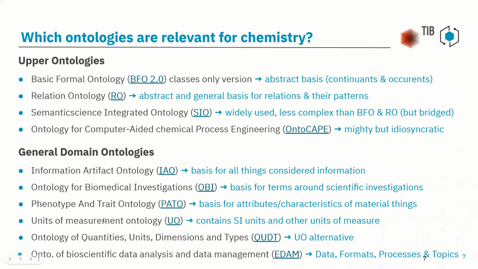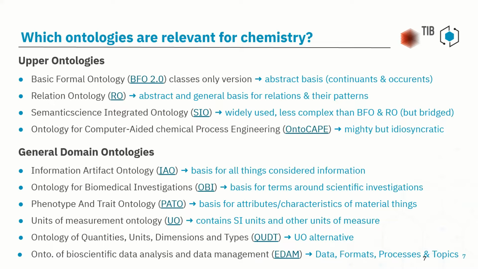And then we have ontologies for units, standardized units that we need to use in order to describe our data, but also ontologies that are not adhering to certain upper level ontologies, as do IO, OBI, and PATO, for instance. EDAM is rather an ontology without any upper ontology that can also be used in certain kinds of contexts.